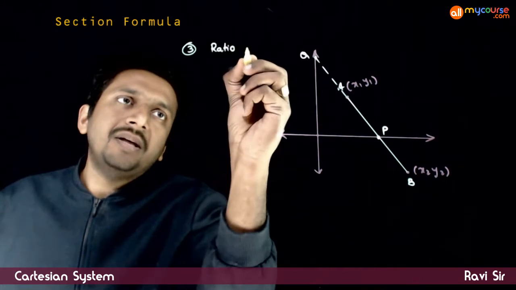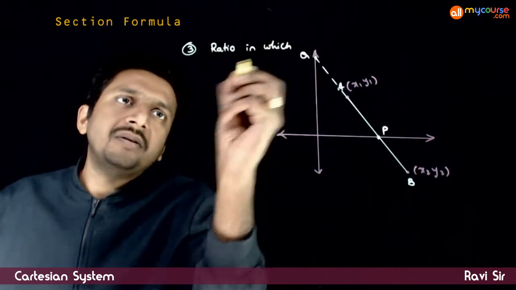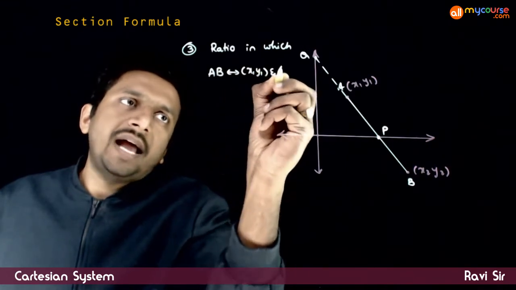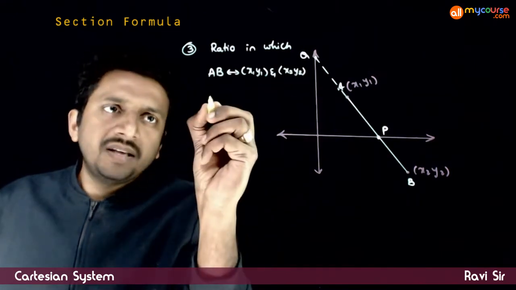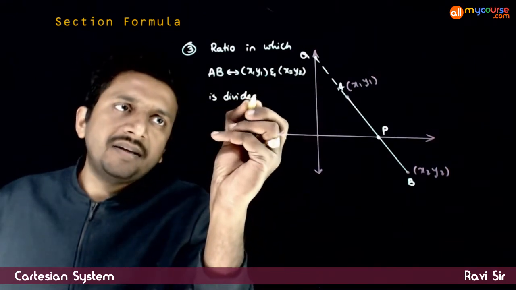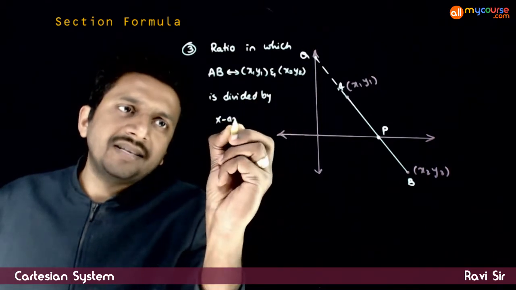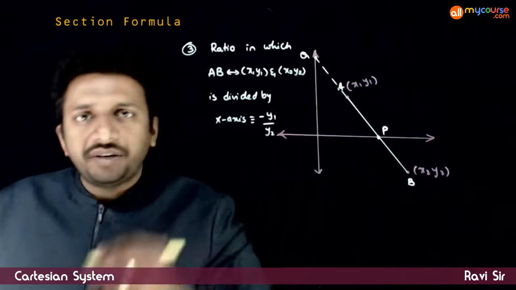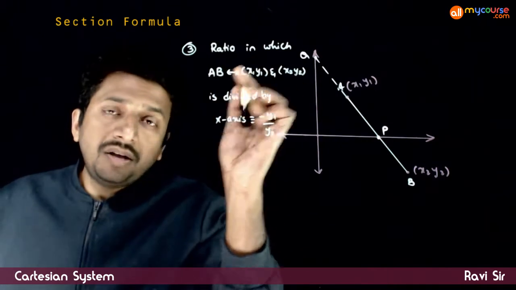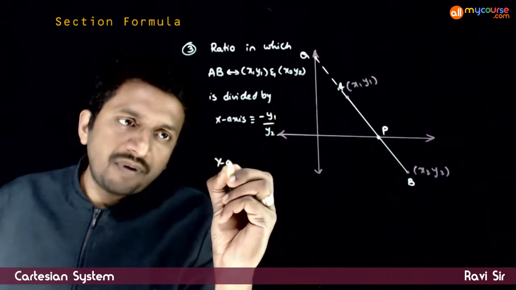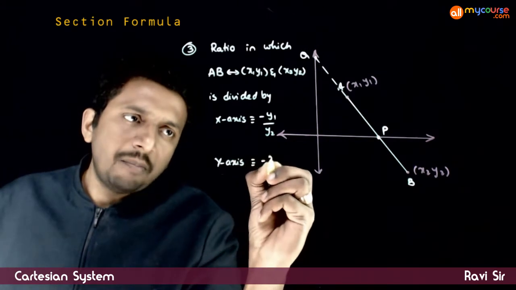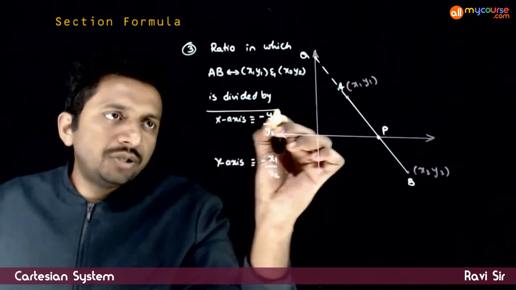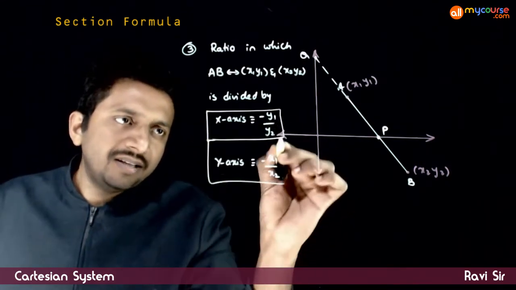The ratio in which AB formed by (x1, y1) and (x2, y2) is divided by x-axis is nothing but minus of y1 by y2, and the ratio in which AB is divided by y-axis is nothing but minus of x1 by x2. So these are the two ratios which you can directly remember.